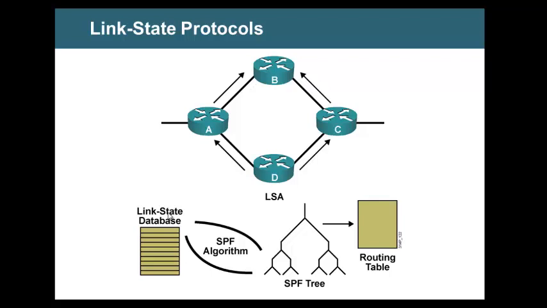Now this link state database is referred by the protocol SPF to find the best path to reach remote networks, far away networks. And then the route is elected and installed into the routing table.